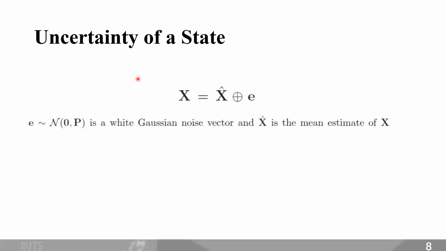The uncertainty of a state is assumed in this form. It's a kind of Gaussian distribution in nonlinear space. The error e is a zero-mean Gaussian distribution. X hat is the mean estimate of X. The circle-plus here is some operator combining the mean and the error.